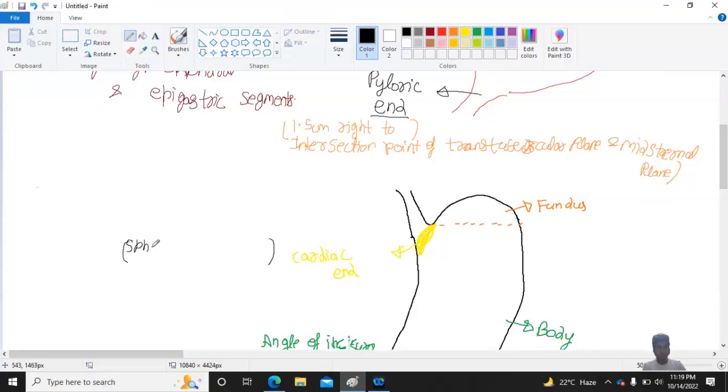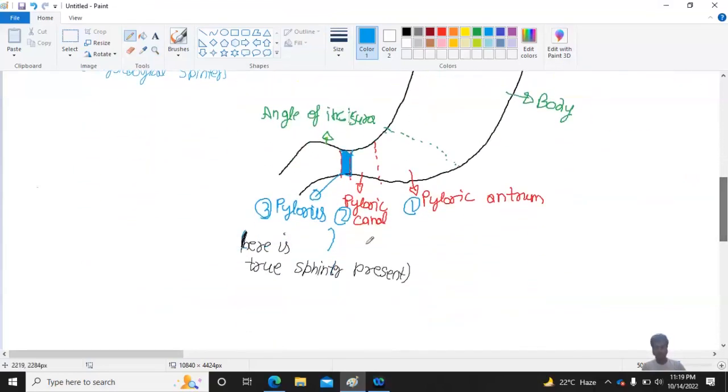This is the physiological stomach sphincter, and this is the anatomical sphincter.